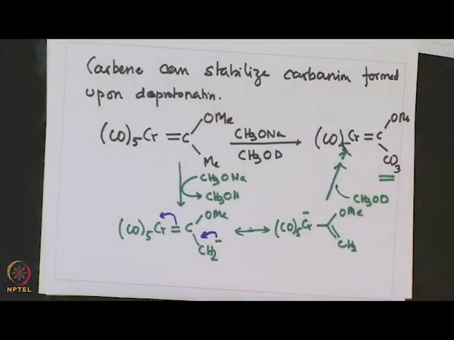This was proved using an isotopic experiment where one sees proton deuterium exchange, in the example given here. So, with this I conclude this lecture on characterization of transition metal carbene complexes, and we are going to discuss more about the reactivity of transition metal carbene complexes in the forthcoming lecture, which will deal with the differential reactivity of both Fischer and Schrock carbene complexes.